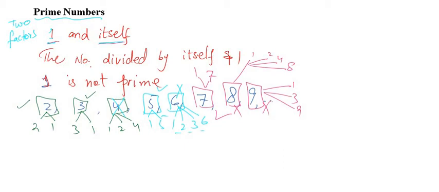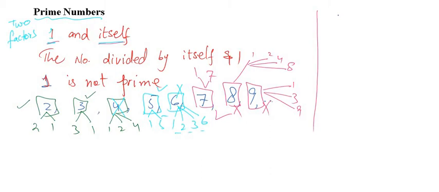Now let's see if you are given a very big number. Here these numbers are very easy to find out because we just check their multiples and make them into factors, so then we can easily find out which number is a prime number and which is not.